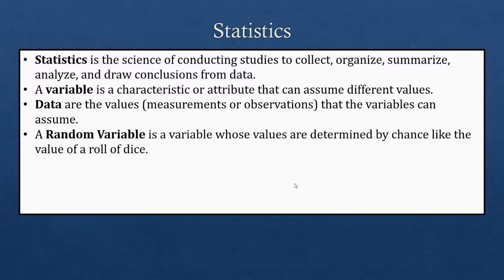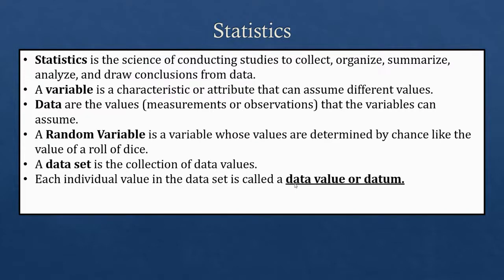But if you took out a set of dice and rolled them, the value that they came up would be determined by random chance. A data set is then the collection of a bunch of data values. So if you go out and measure the heights of 50 people, all their values put together, we refer to those as a data set. Each individual value in the data set is called a data value or a datum.